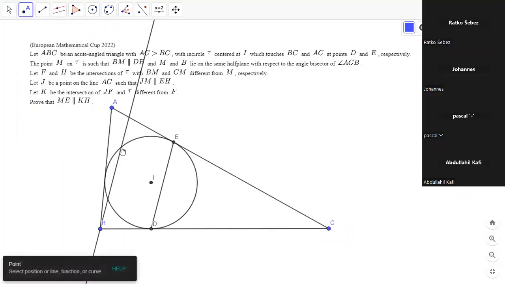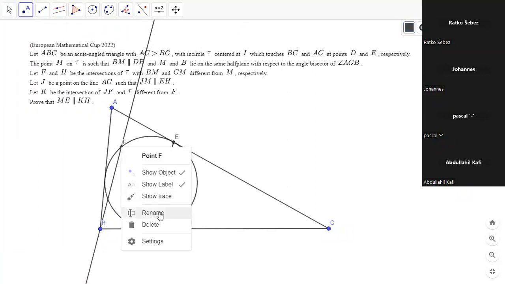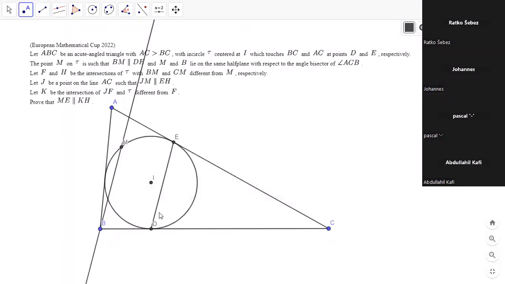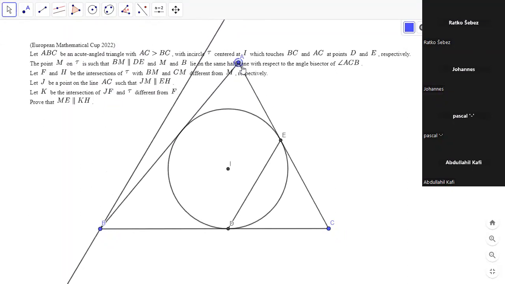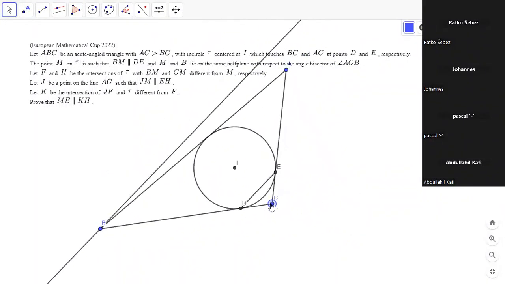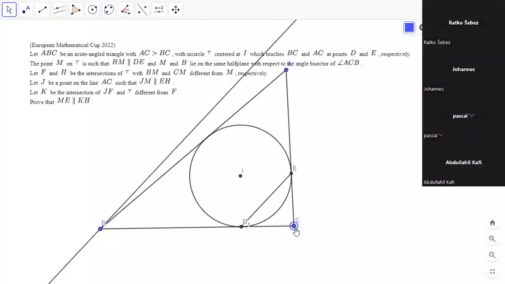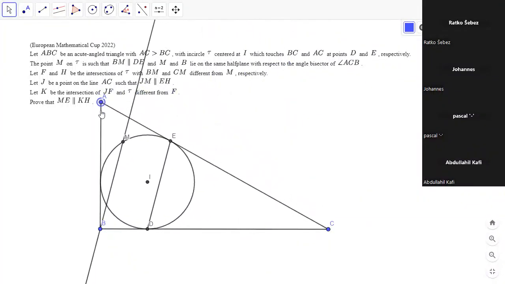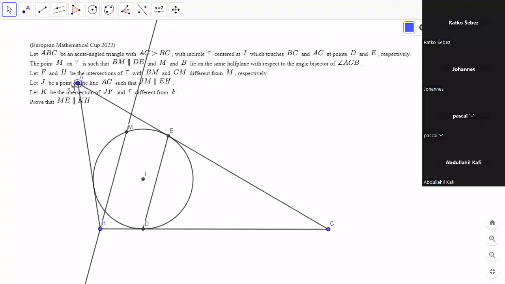So this is M. M and B lie on the same half plane with respect to the bisector of ACB. Okay, so we want it to be more like, I'm trying to think. We want it to intersect the circle, but we want M.